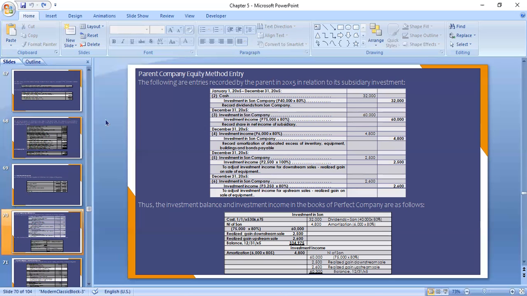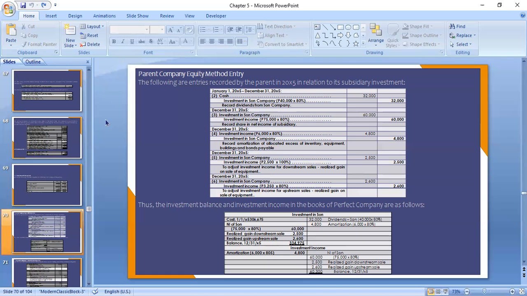On December 31, 2025, we have to debit investment income and credit investment in Sun for the allocated excess of inventory, equipment, buildings, and bonds payable. On December 31, 2025, we debit the investment account and credit investment income for downstream sales.